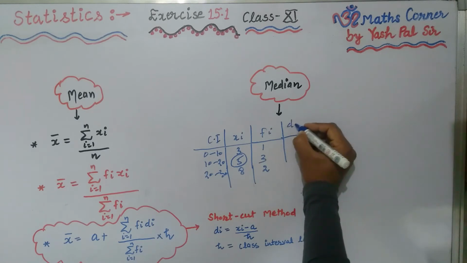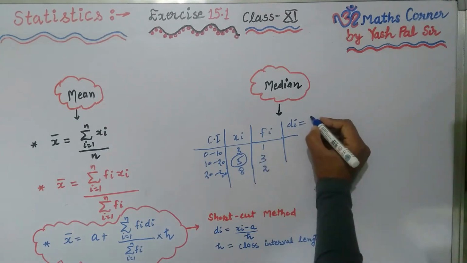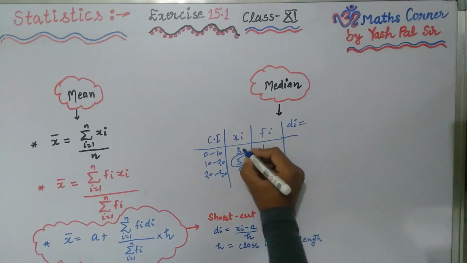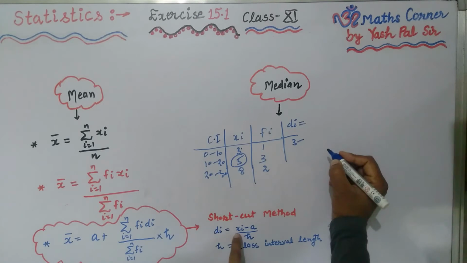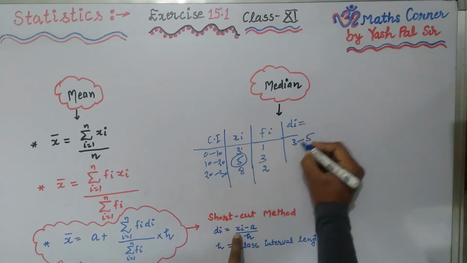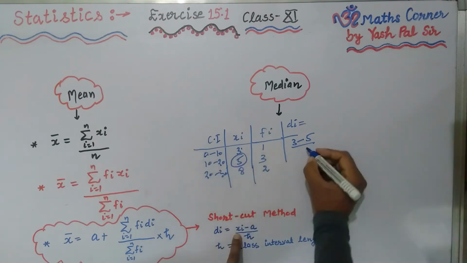So how is di calculated? Di is equal to xi, in front of 5, this is 5 minus a, where a is the assumed mean, whole divided by the length of the class interval, 10 minus 0, this is 10.